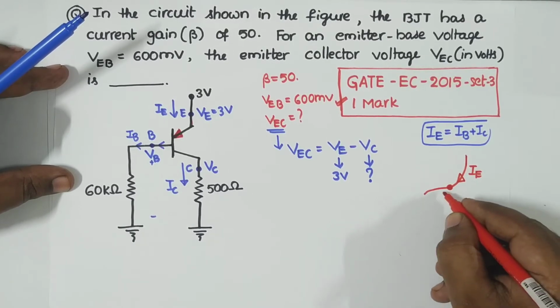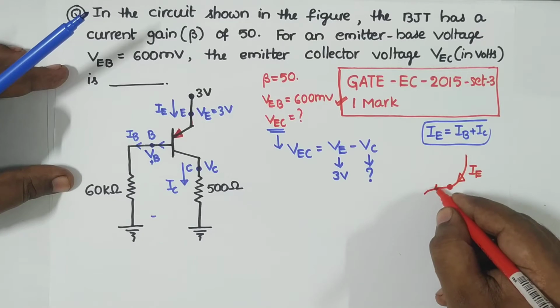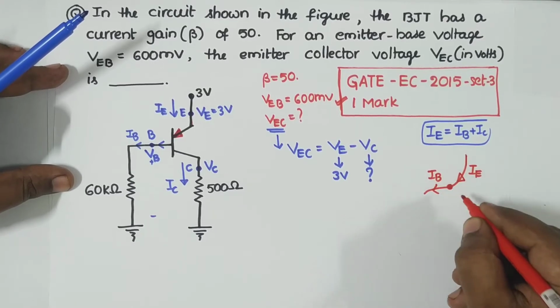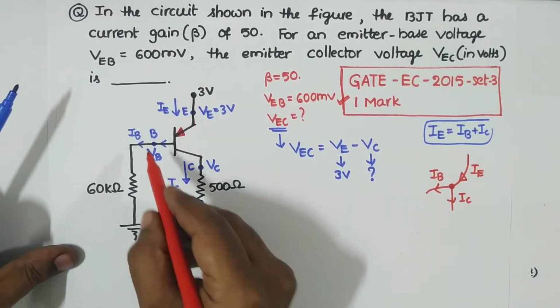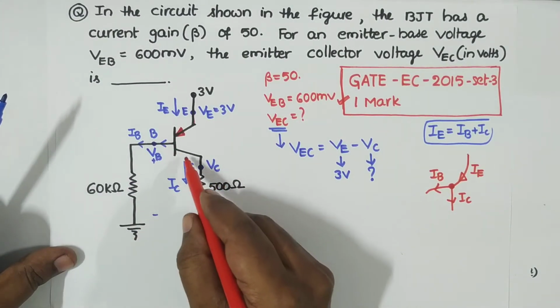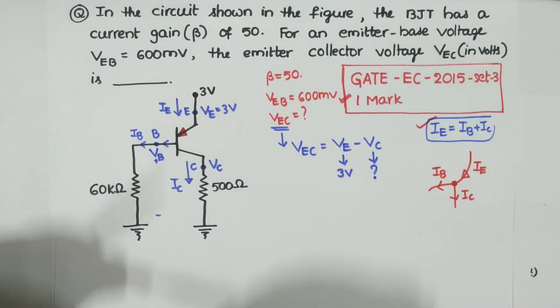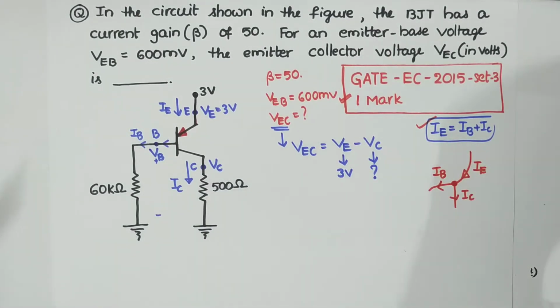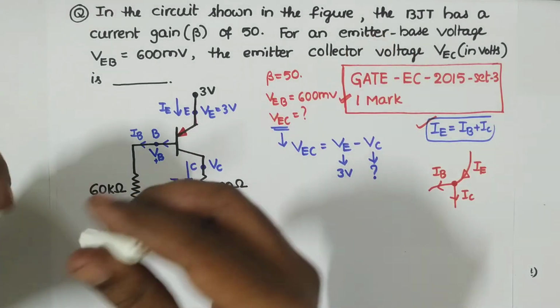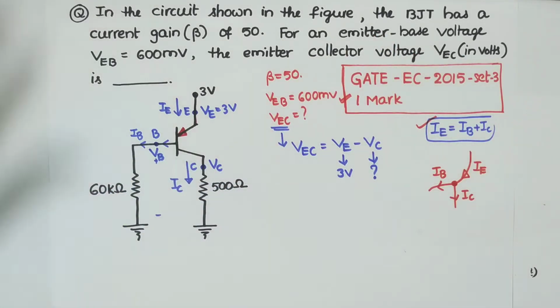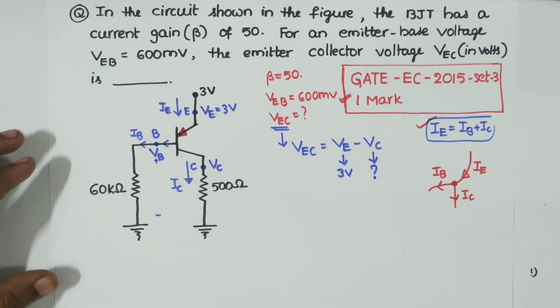If IE is entering, IB and IC have to leave. So this is my IB leaving, and IC also leaving. Therefore, by conservation of charge at a node, IE is equal to IB plus IC. Conservation of charge means charge should not accumulate at the node. Charge has to go through. That is Kirchhoff's current law.